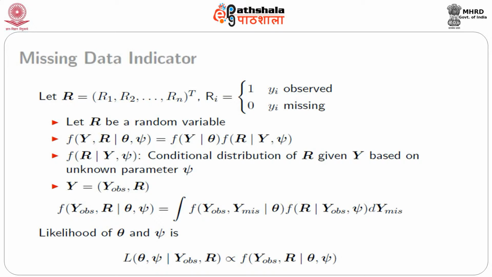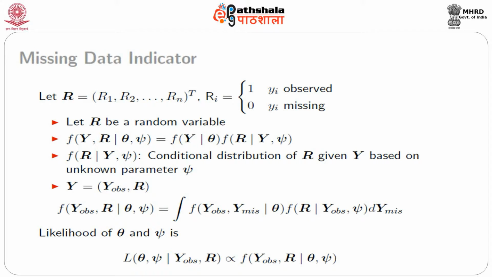Usually, we assume that psi does not involve theta, that is psi is independent of theta. So the actual observation is now y observed and r.